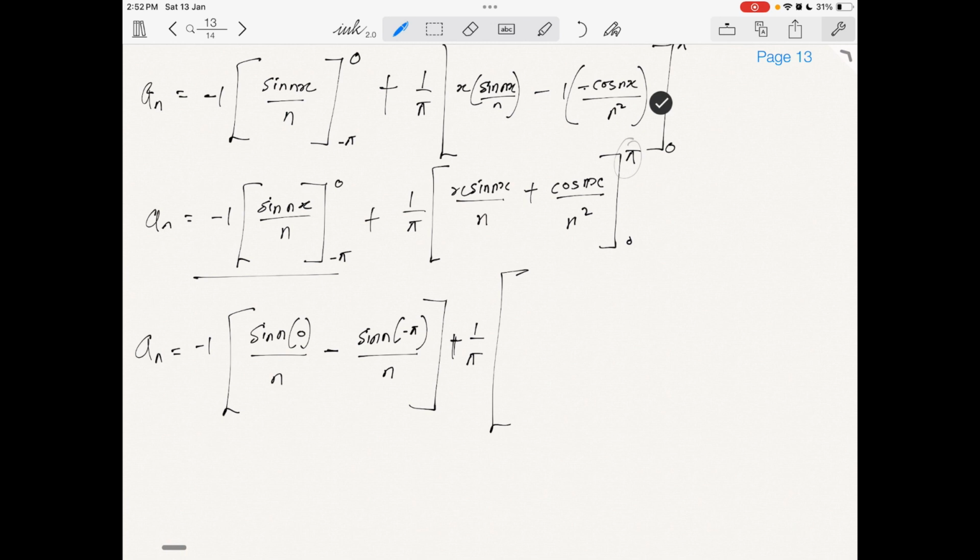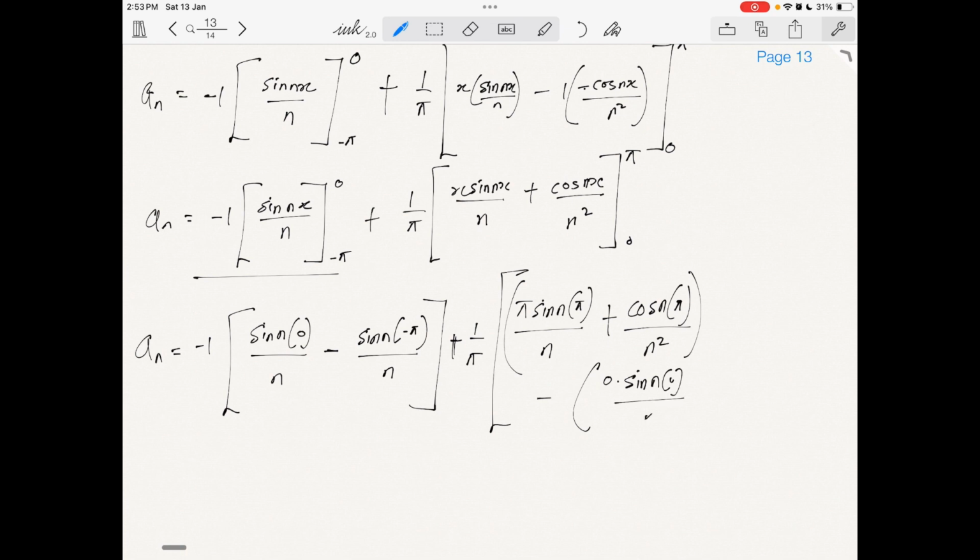Now we introduce the upper limit of pi into this function. Wherever I see x, we put pi, giving pi sin n pi over n plus cos n pi over n squared. And we introduce the lower limits, minus 0 multiplied by sin n0 over n plus cos n0 over n squared.